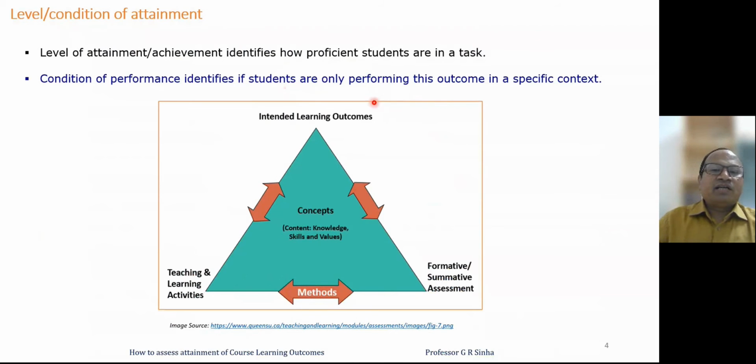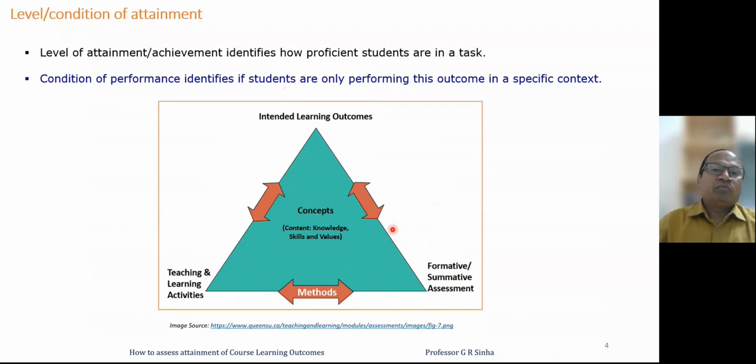So intended learning outcomes are there. We have seen that there are two types of assessment, formative and summative. We can use direct and indirect assessment tools under both categories. In our previous lectures, we have seen that summative assessment is not considered a good approach. It's not considered a better one.